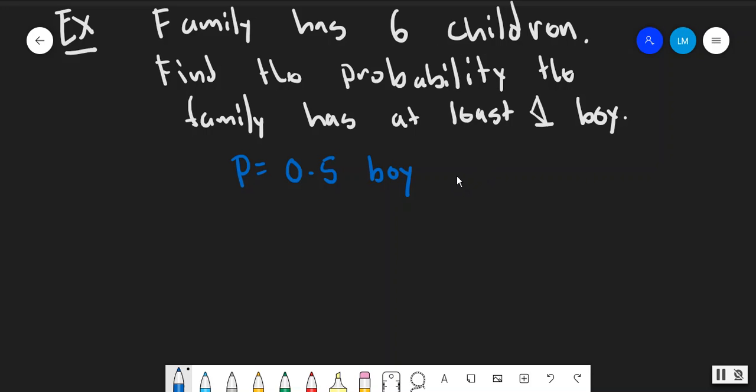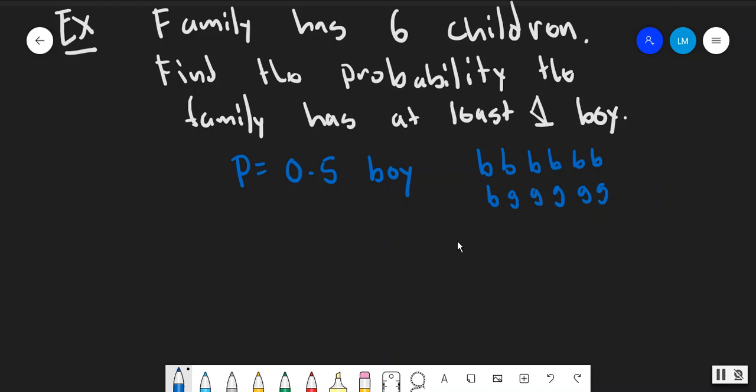So if you were to think about it, you would have boy, boy, boy, boy, and then you could have boy, girl, girl, girl. But note that it's 6 children, so let's add on some more, girl, girl. Okay, so this is the idea of one boy. No, actually 6 boys. Sorry, 6 boys, and then we have one boy.